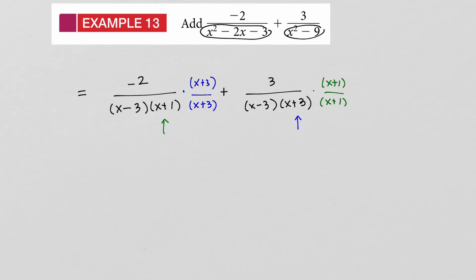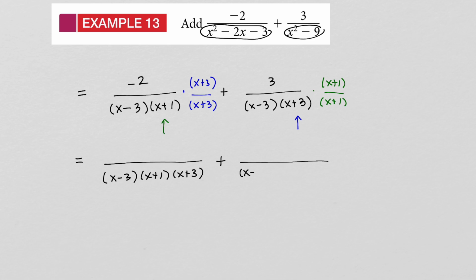Now the next step is really important. In the denominator, I am simply going to write down all of the factors they have in common, and I'm going to do that for both. So you can see now they have a common denominator. Now in the numerator, I am actually going to multiply these together.